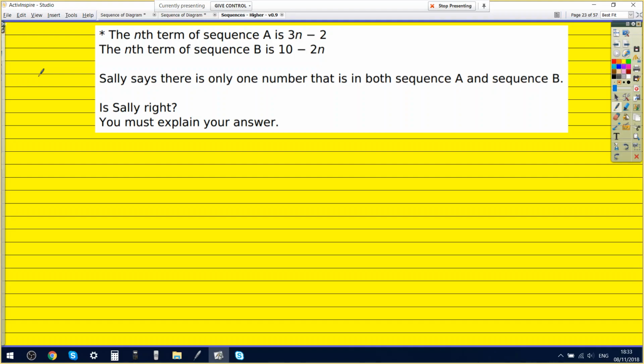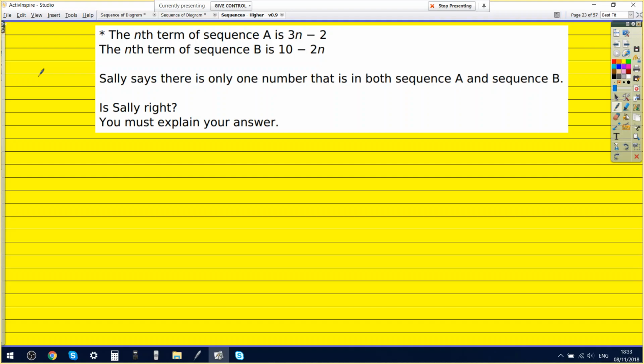There's only one number that is in both sequences. This is confusing me.